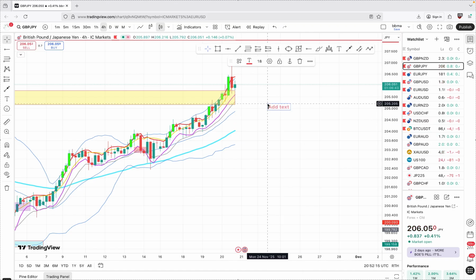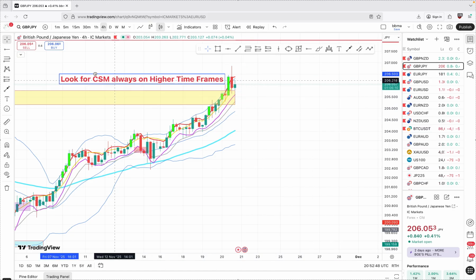So there are two types of CSM. First of all, it's on higher time frame. This is always on higher time frames, guys.